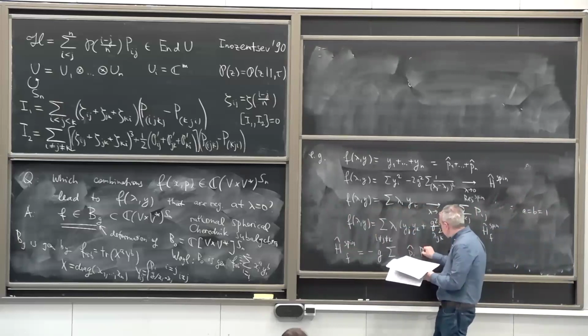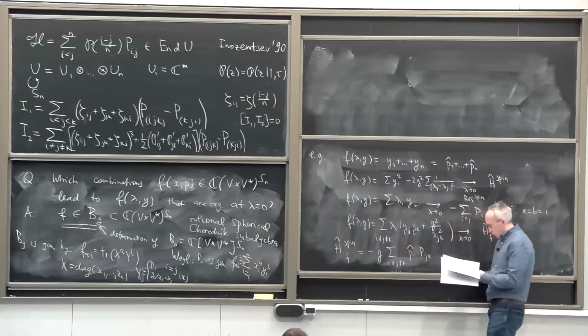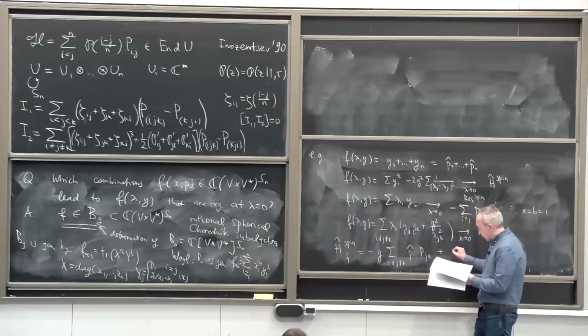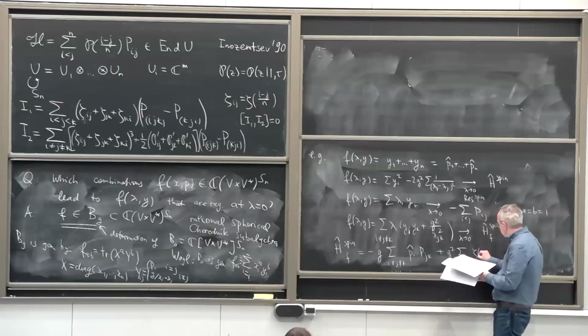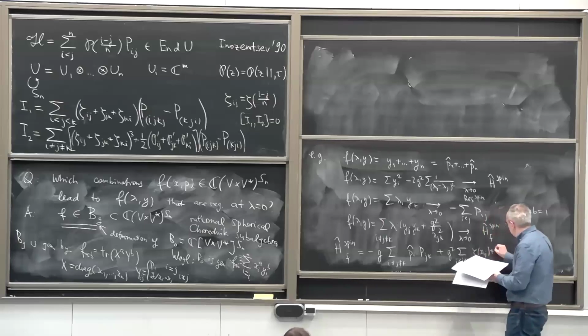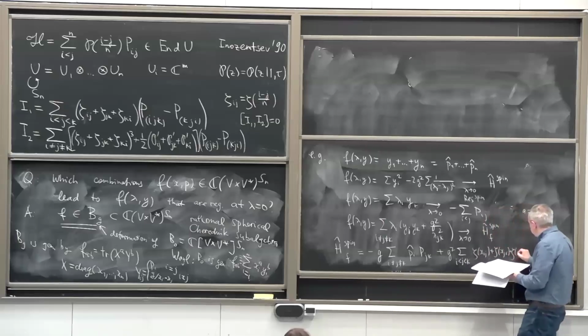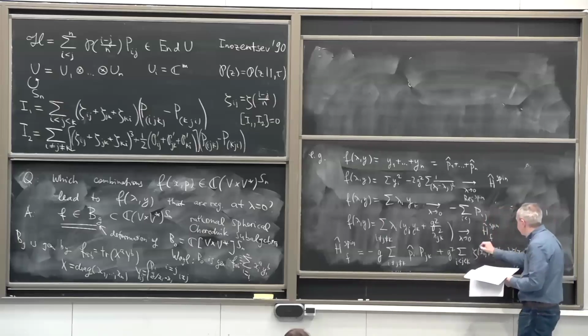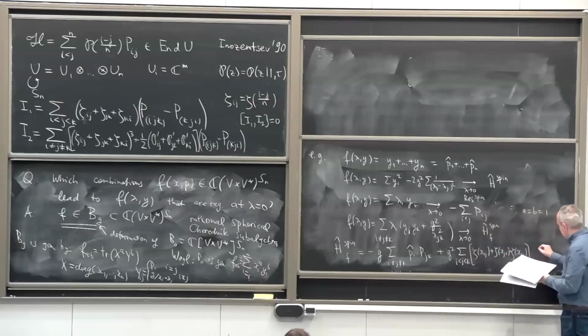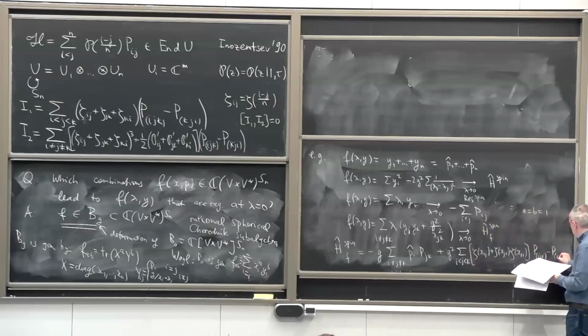So what you get is this leading term and then g squared times the sum over i less than j less than k of zeta(x_ij) plus zeta(x_jk) plus zeta(x_ki), times (e_ijk minus p_kji). Okay.